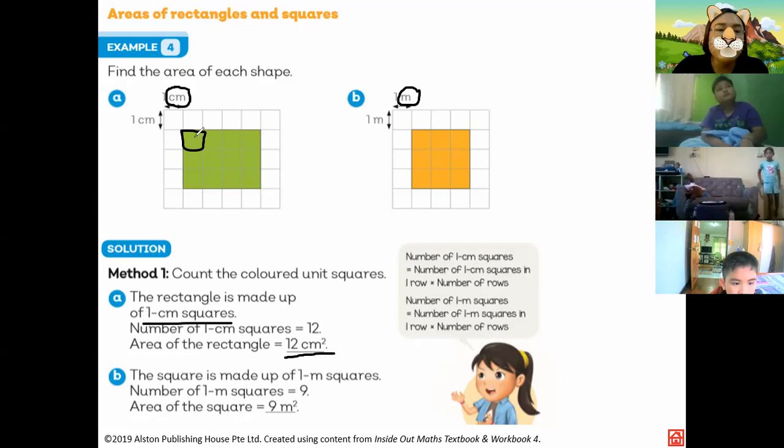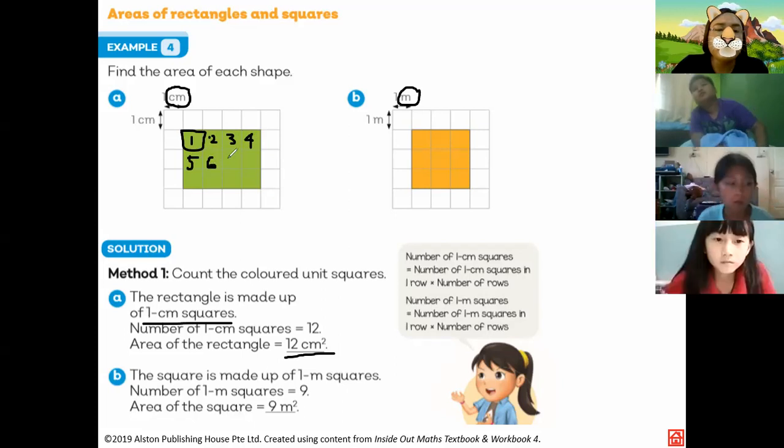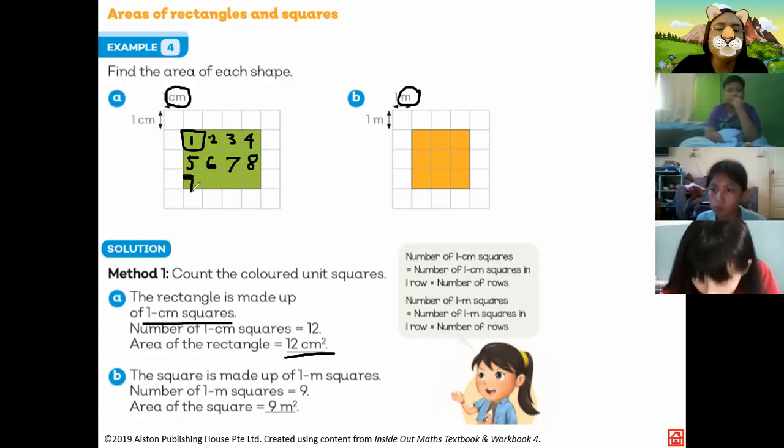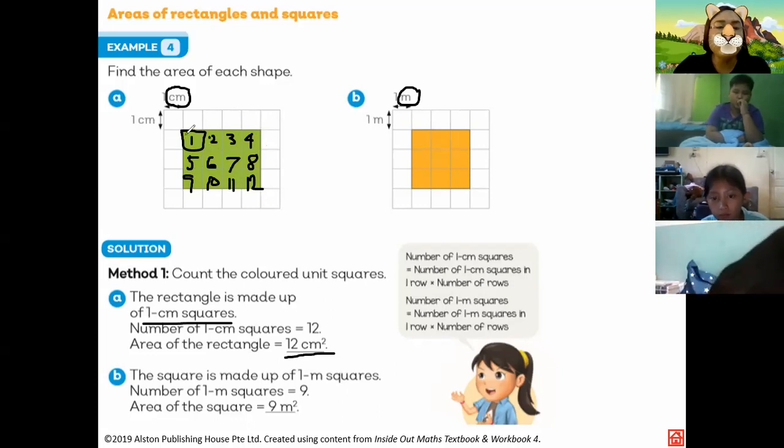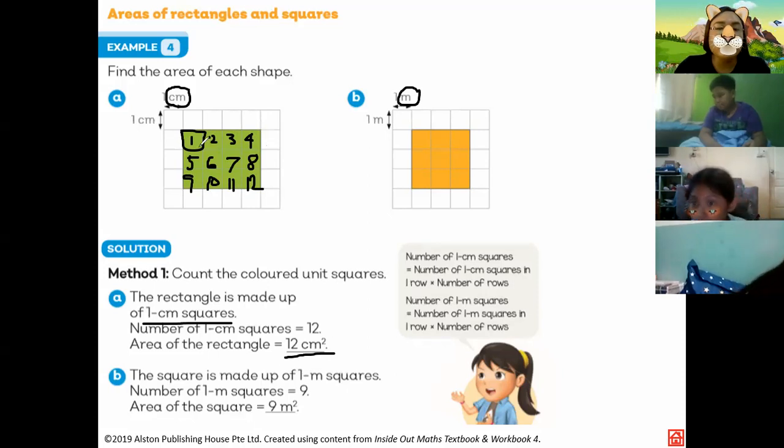So let's count. 1, 2, 3, 4, 5, 6, 7, 8, 9, 10, 11, and 12. So there are 12 1 centimeter squares, okay? Each of the squares is 1 centimeter squared.